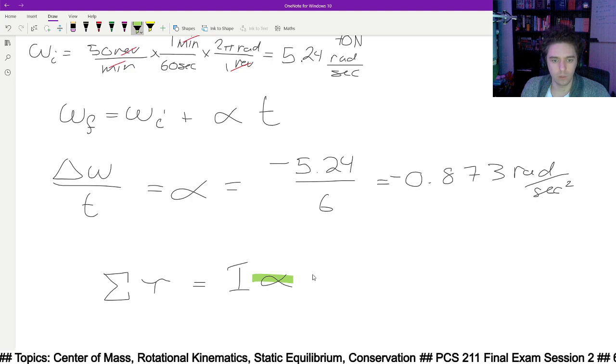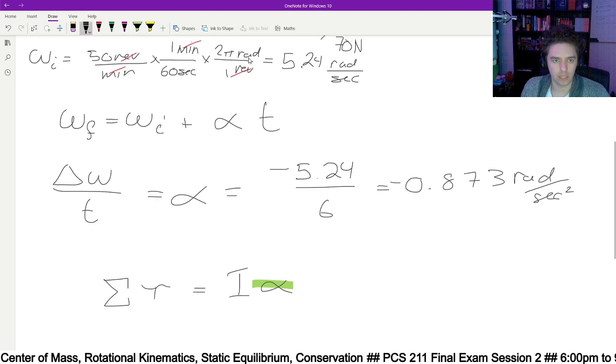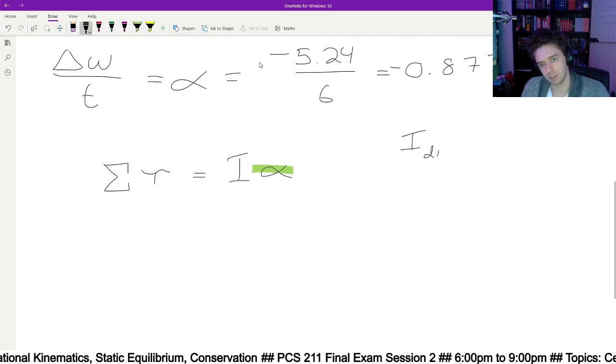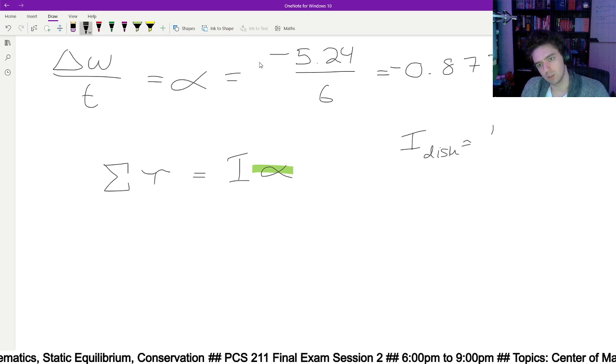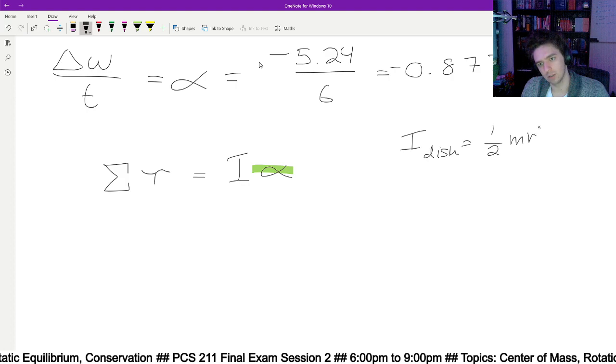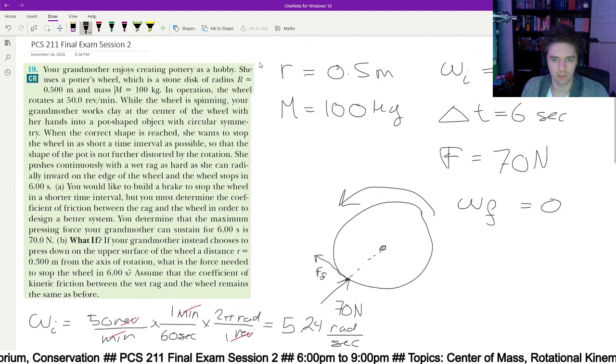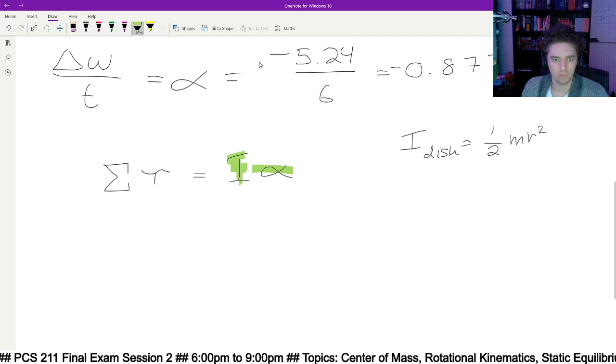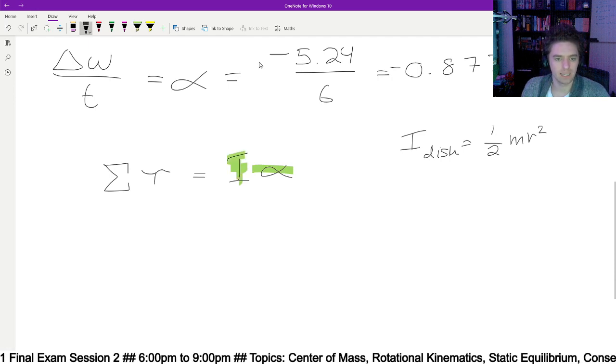We also know that this is a disk shape, and the inertia for a disk shape is 1/2 mr squared. We know both those values, m and r. So we also know the inertia, and so then we can figure out what the net torque is.